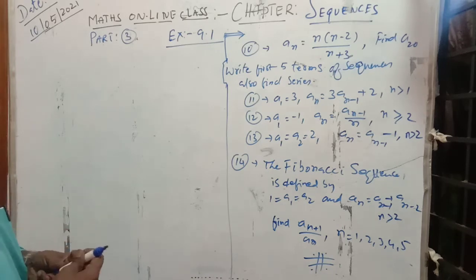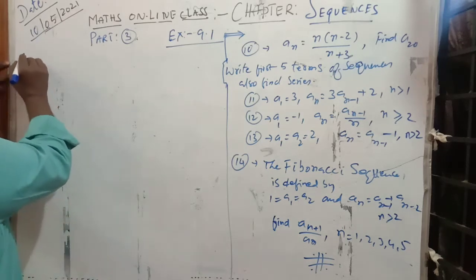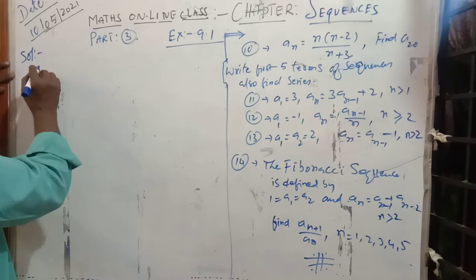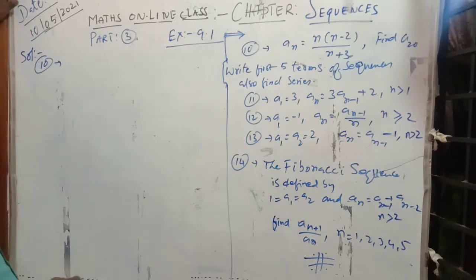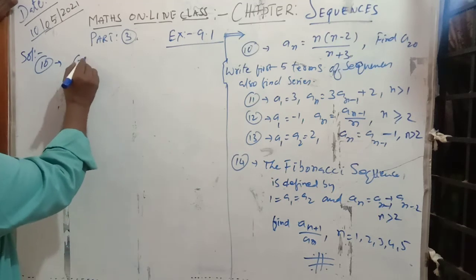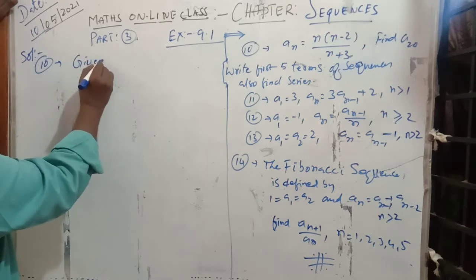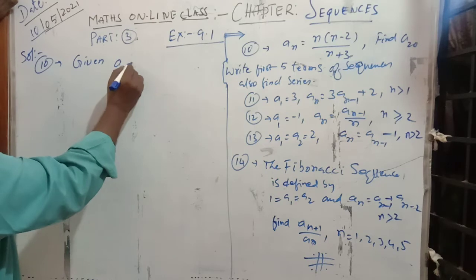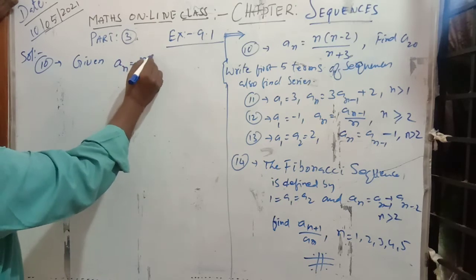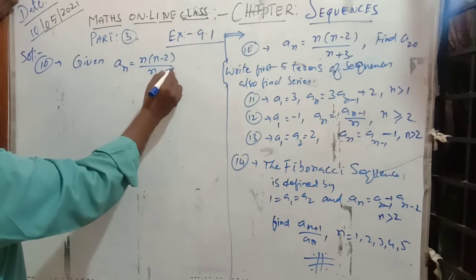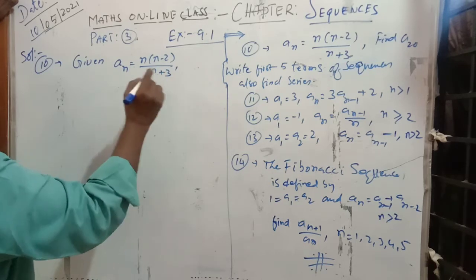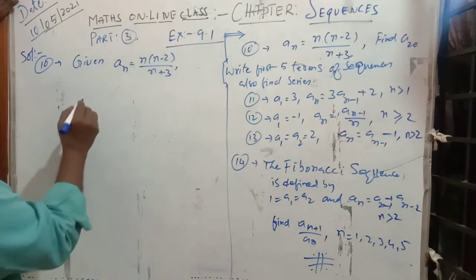You see the solution. The 10th problem is given: an is equal to n times (n minus 2) by (n plus 3), and we have to find A20.